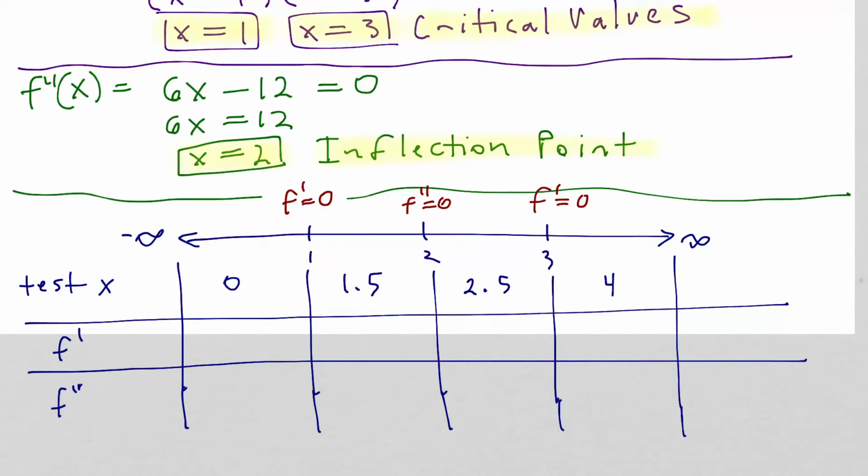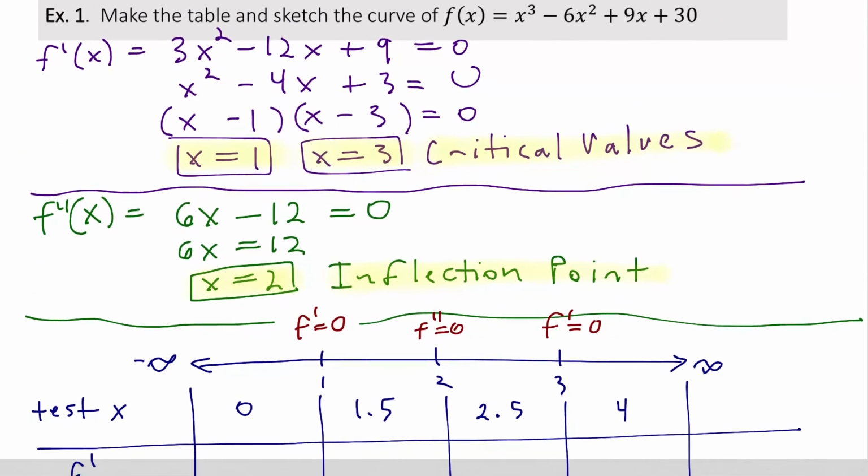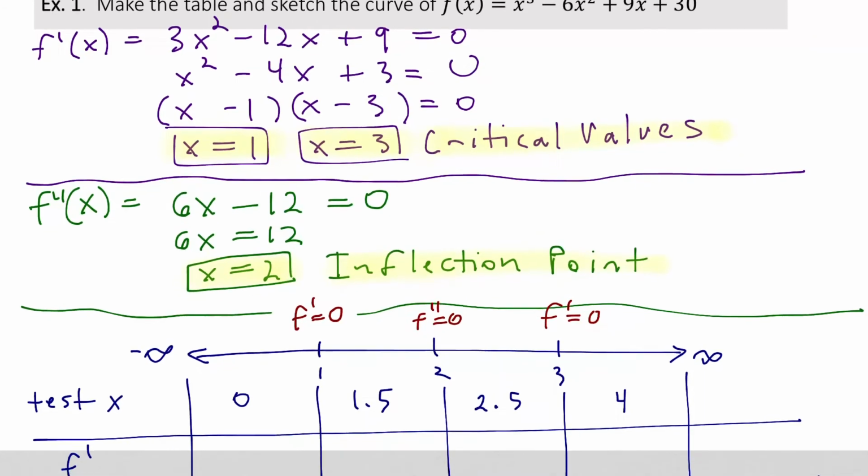So let's look at this row in the table first. I'm trying to find the sign of the first derivative for each of these test values here. So that means I got to go back up to my first derivative. My first derivative was right here. And then I plug in these x values into my first derivative, and I figure out what the sign is, and I write that in my table.